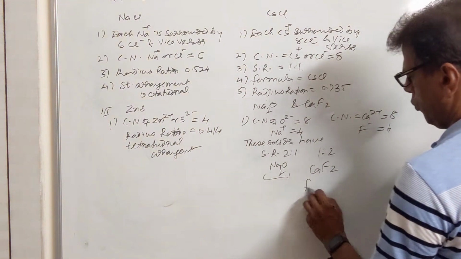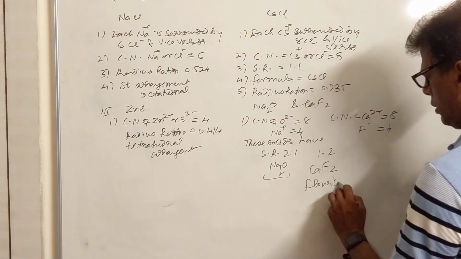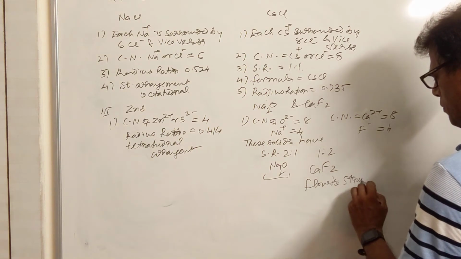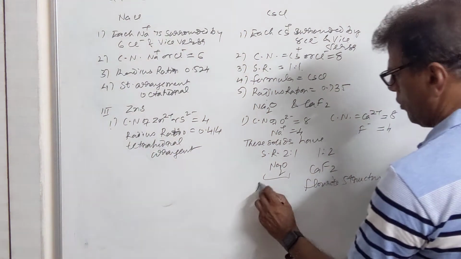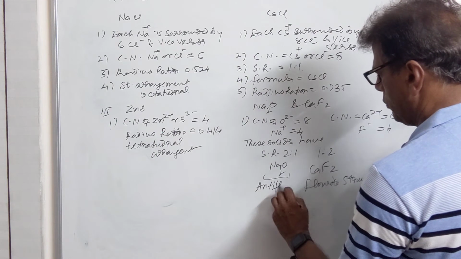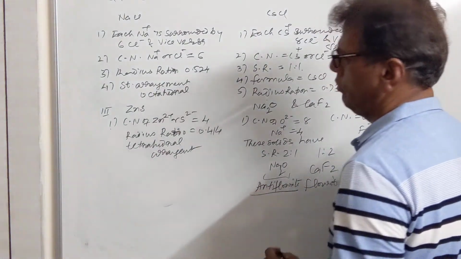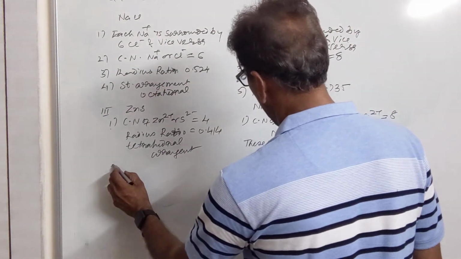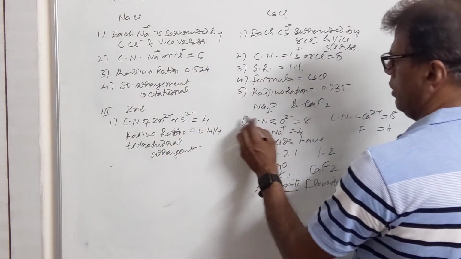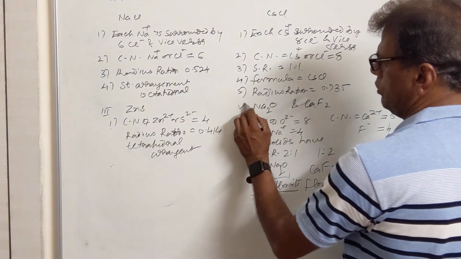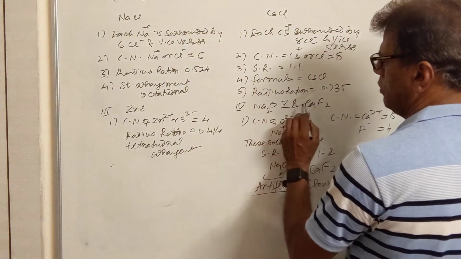This is called the fluorite structure, and this is called the anti-fluorite structure. So these are the structures made of ionic solids. This gives you the fourth and fifth types of structure.